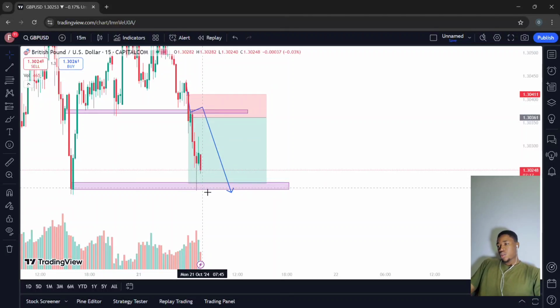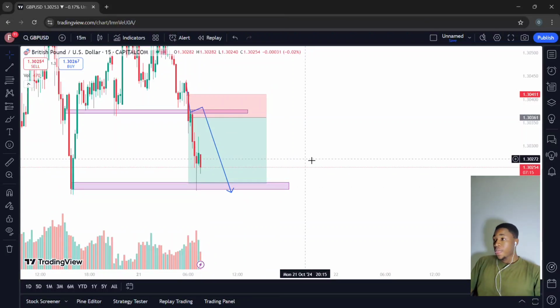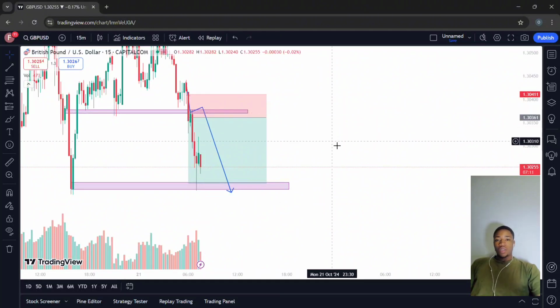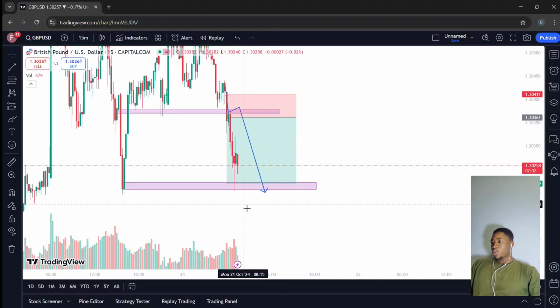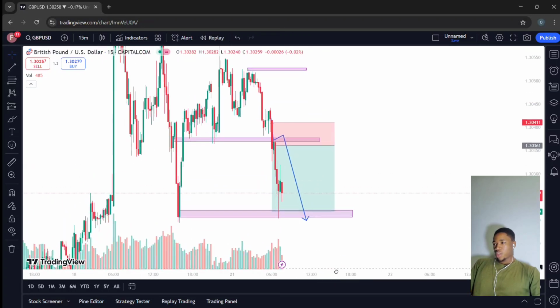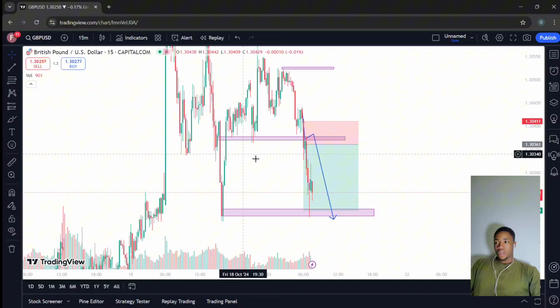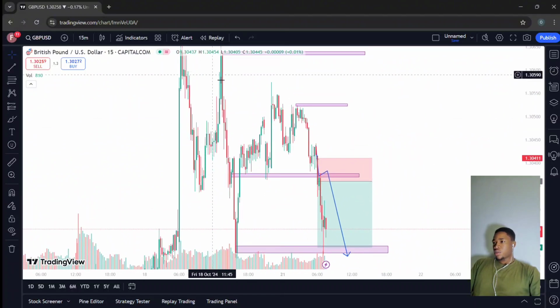Probably it's still going to hit it one more time. The time is currently 8:37, so I'll clear this chart and let's start again and see what we have.